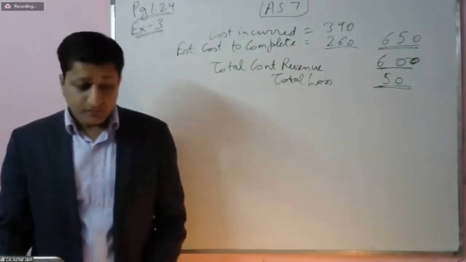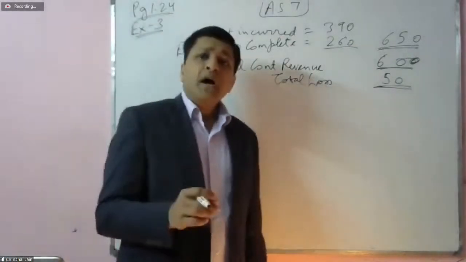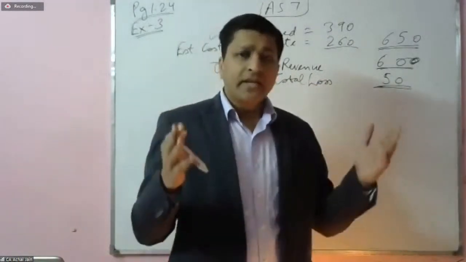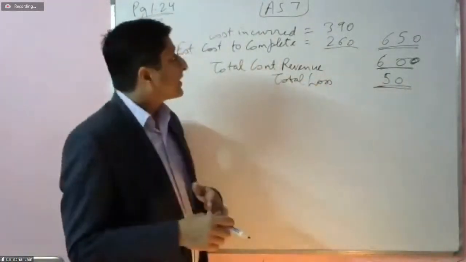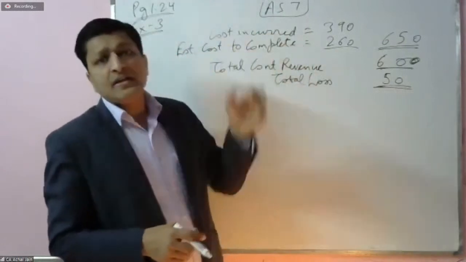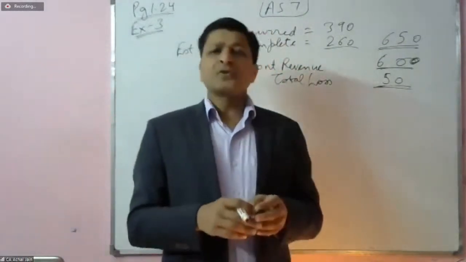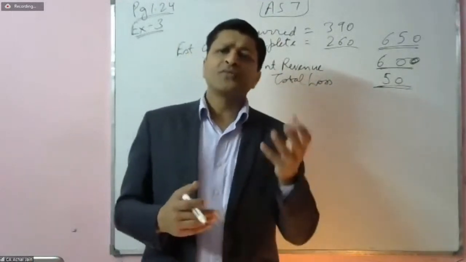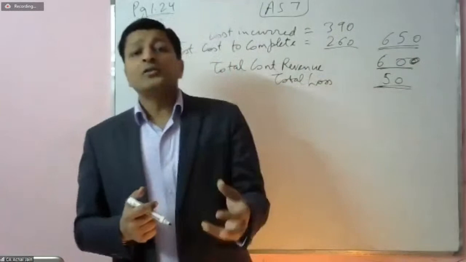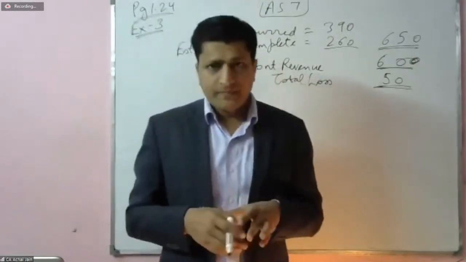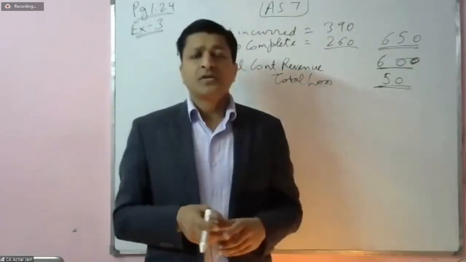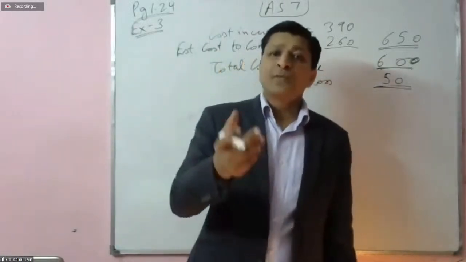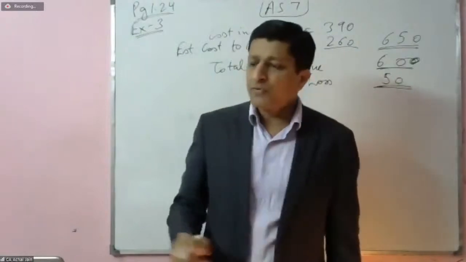Now, some part of this loss will automatically get recognized in the current year. Current year means the cost which is incurred till date. Because if the project is resulting into a loss, then definitely some part of loss will automatically come on the basis of the accounting we will do. The other part of the loss, which doesn't come in the current year, will have to be picked up by us. Let's see, how do we do this?